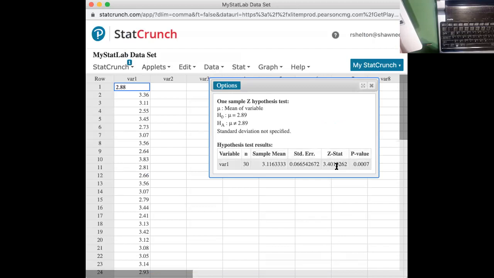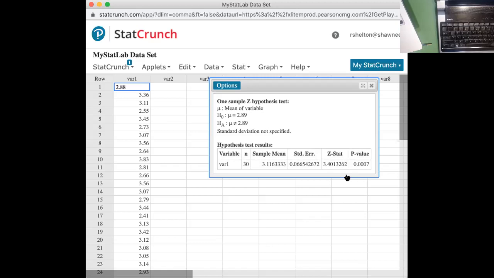We're also given, and we could have done this, I guess, so I gave you the formula to calculate your test statistic. And this is another way you could get the test statistic, right? When you do the hypothesis test, it produces your test statistic for you and a p-value. So if you just need the test statistic and you've already got all the numbers that go into the formula, it's very easy to just type that in a calculator and you're done.